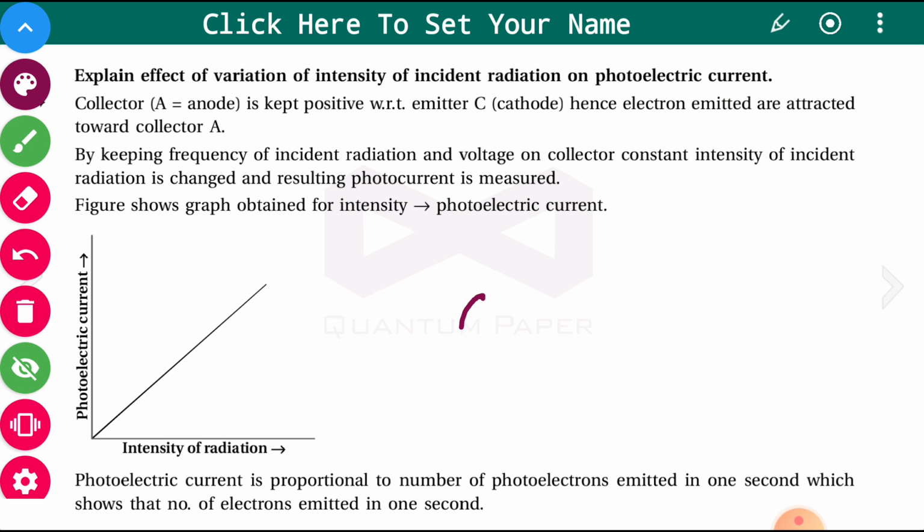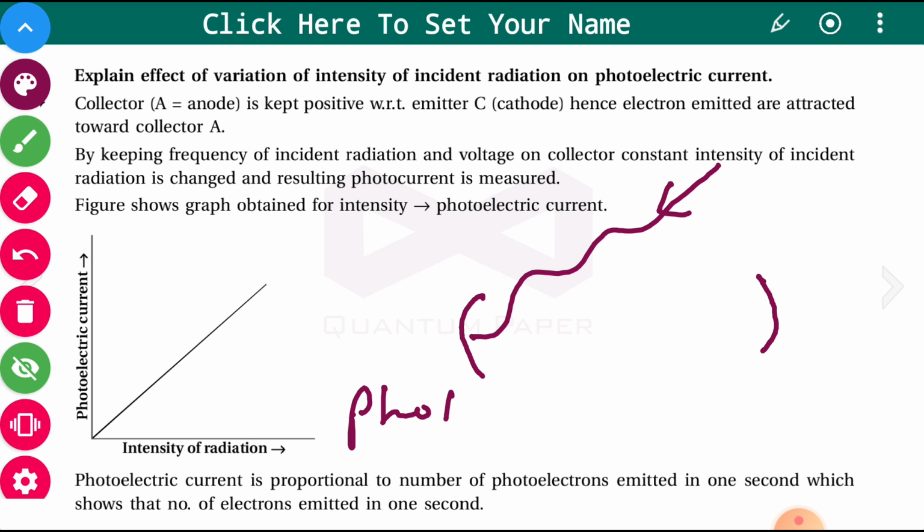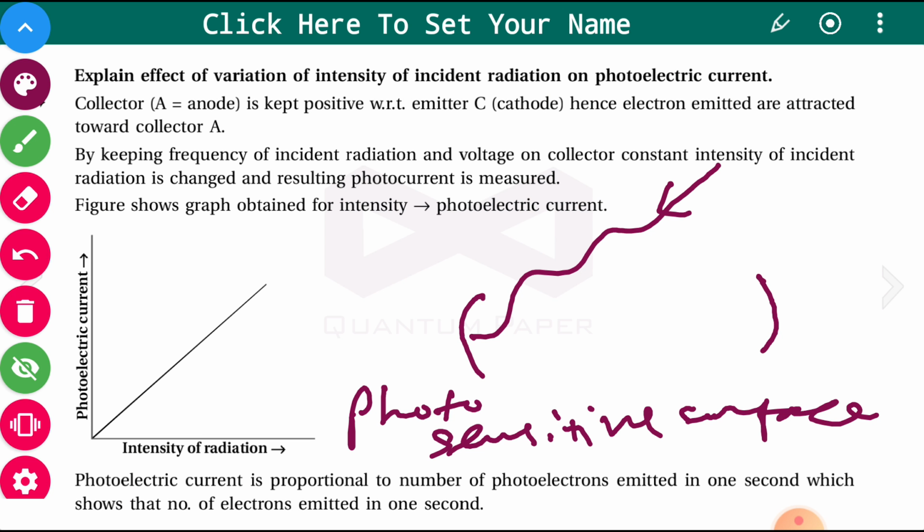You are changing the intensity of radiation which is incident on this photosensitive surface. So either you are increasing the intensity or decreasing the intensity.